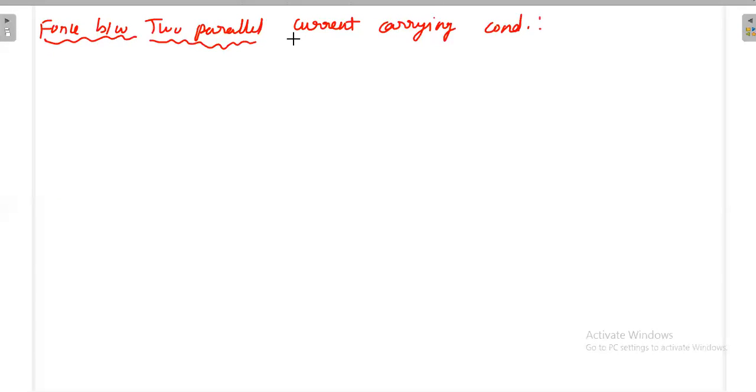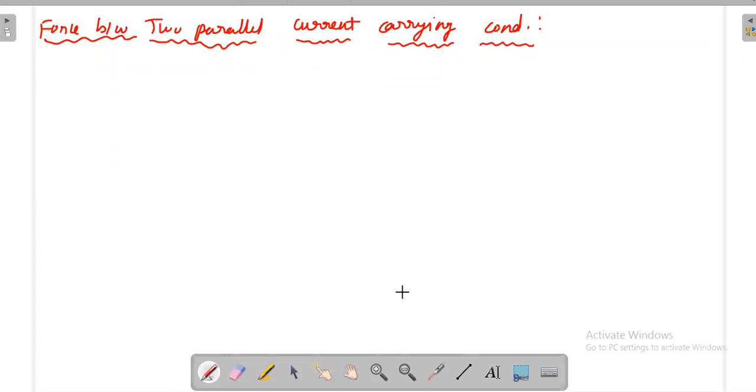Again there are two cases, because the current may go in the same direction or in the opposite direction. First we will see case one: current flowing in the same direction.